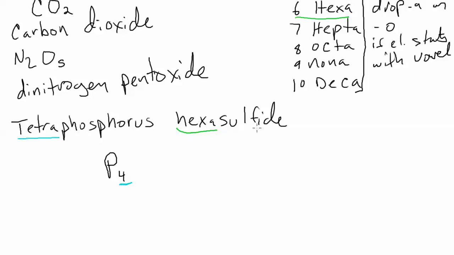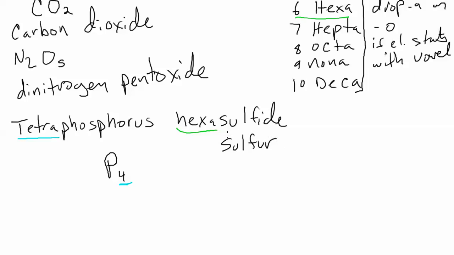And then hexasulfide. Now sulfide is not on the periodic table, but remember, what's happening here is we're taking an element and we're changing the end of it to "ide." So sulfide is not on the periodic table, but sulfur is. And so what's happened is we've changed the ending of sulfur to sulfide in this compound, as you're supposed to.